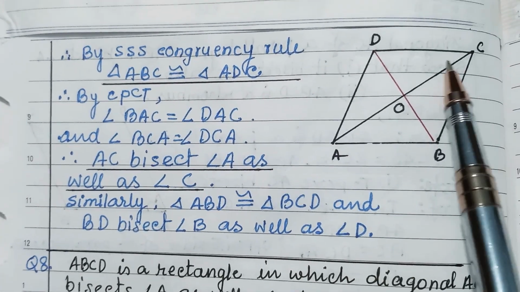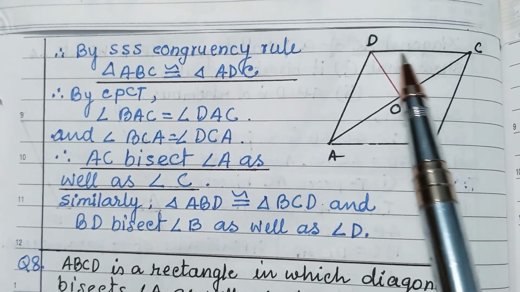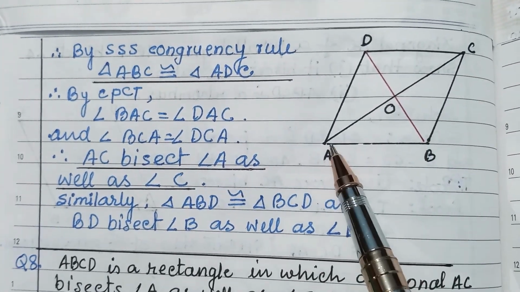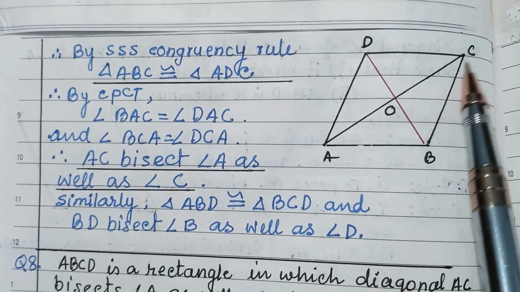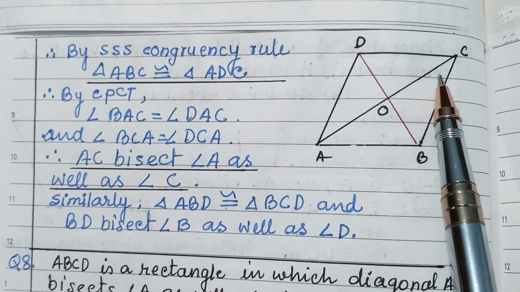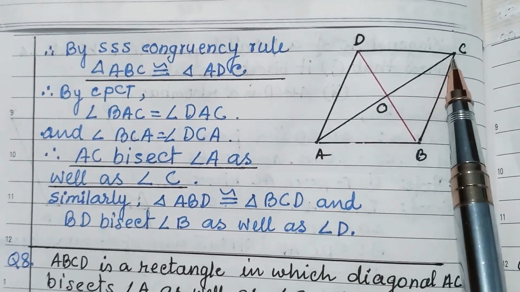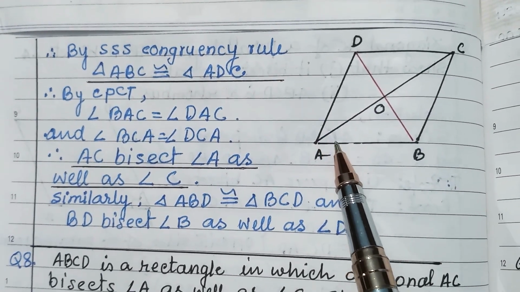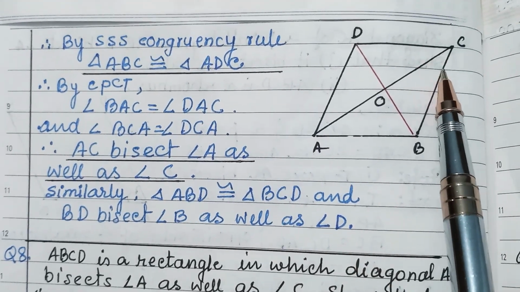So and from this side, angle BCA, or ACB, is equal to ACD. These two angles are equal by CPCT. Therefore AC bisect angle A as well as angle C.